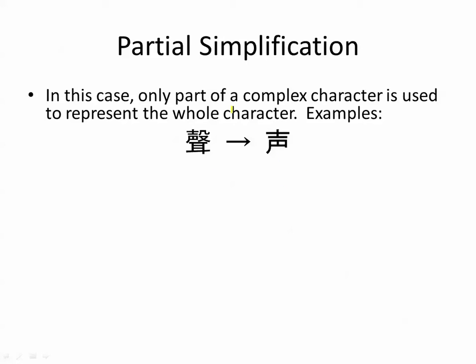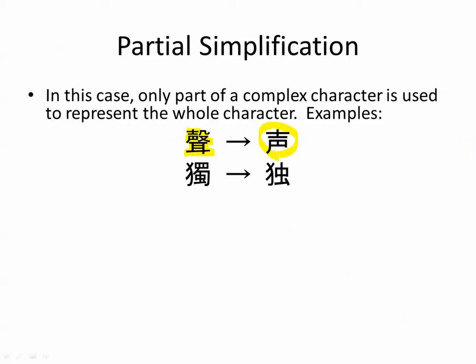For example, koe, voice. That upper left-hand part, which is actually a Kangxi radical, is unique. And somebody said, we don't need this part, which is another radical, and we don't need this part, which is another radical. Let's just use this alone to represent koe. And so that's the simplified version of it.